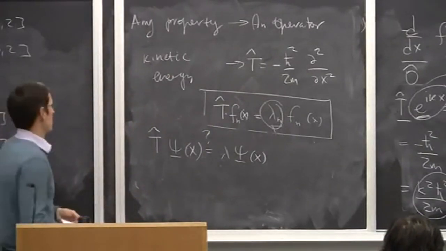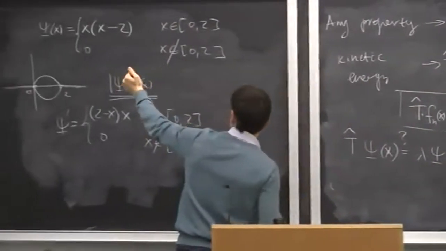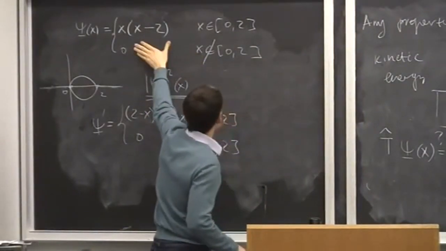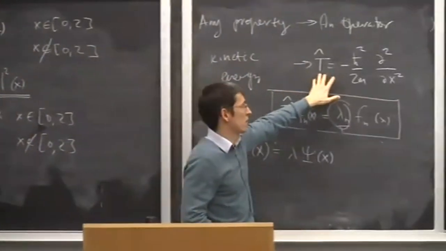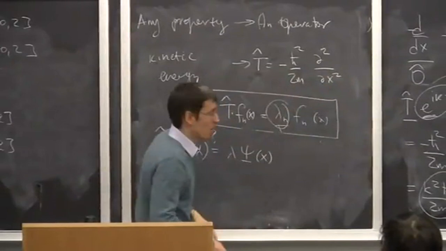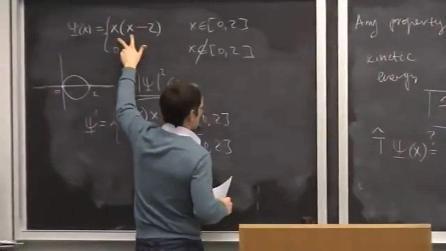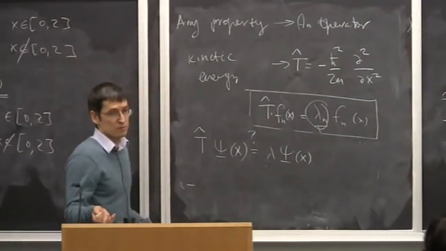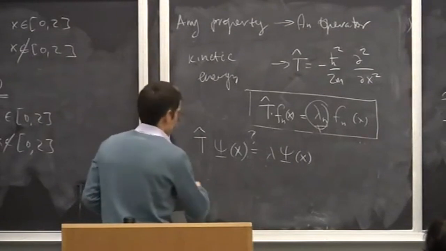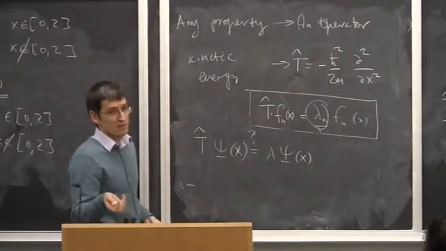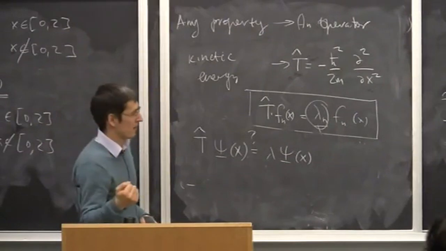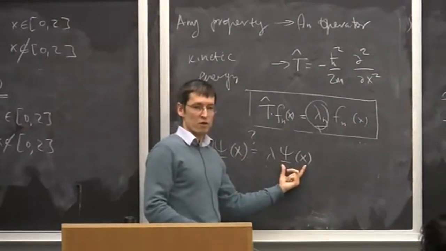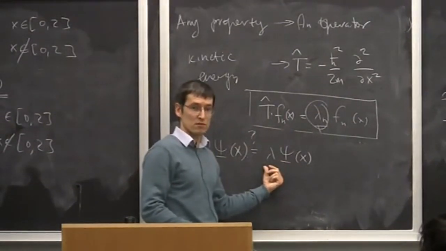The simple answer: you just differentiate. The kinetic energy is an operator that differentiates twice. The function has x squared, and when you differentiate x squared twice, you get a constant. So it seems like a good thing. But the bad thing is that for this to be true, you need to have your function back times a constant, not just a constant.